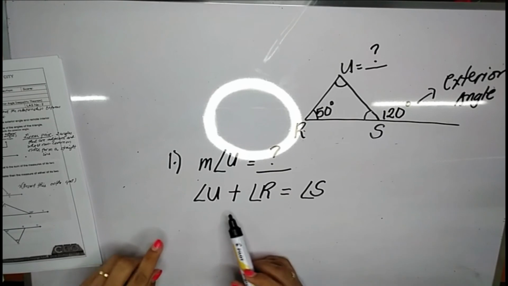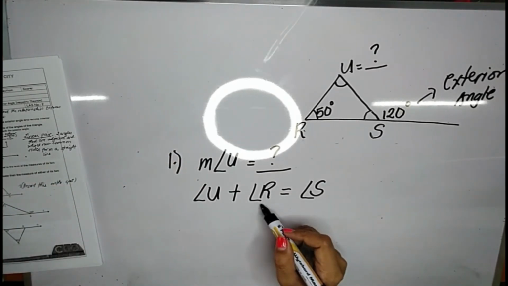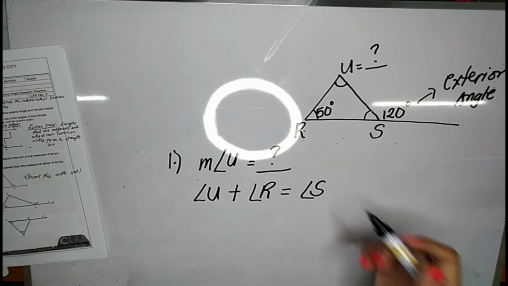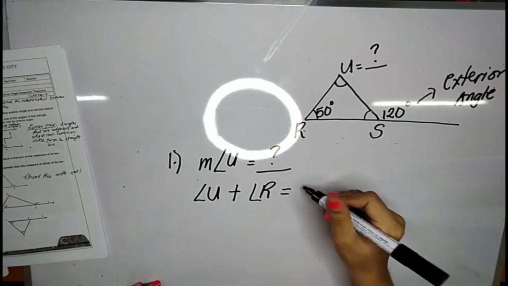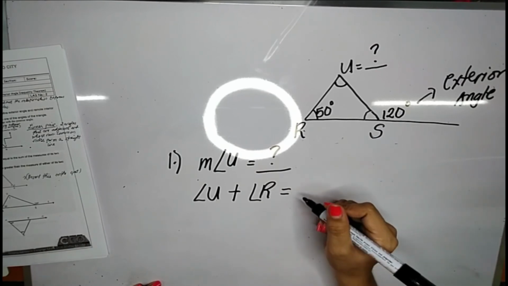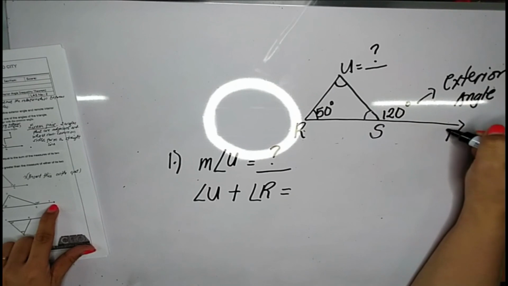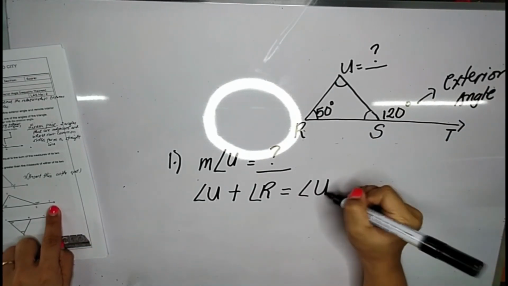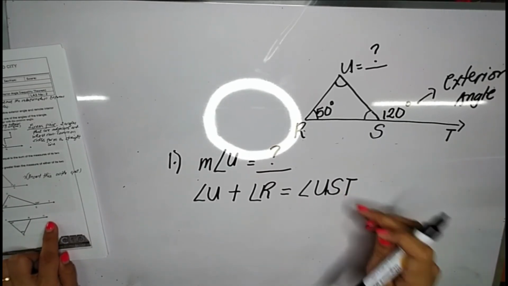So, therefore, ang atong ma-form nga equation, angle U plus the measurement of angle R is equal to angle S. Or, if we're going to complete this one, angle UST. Okay?